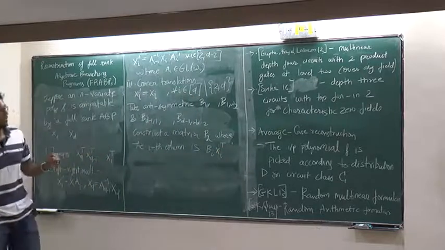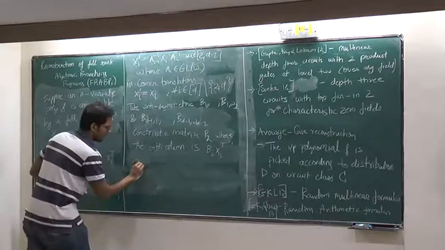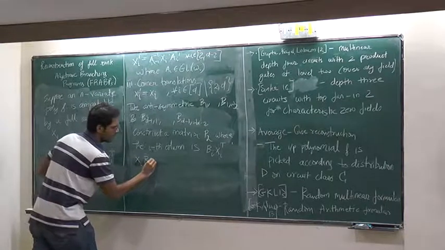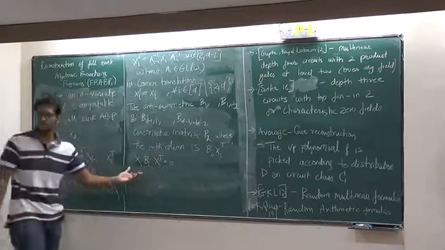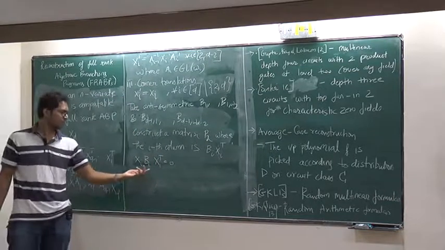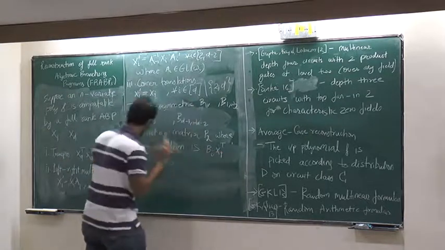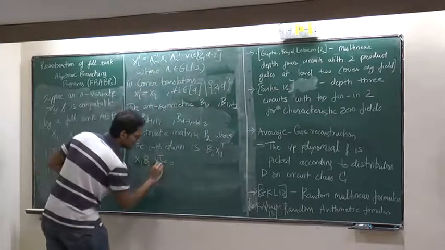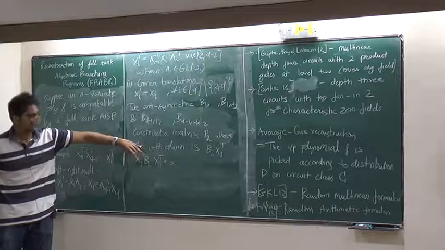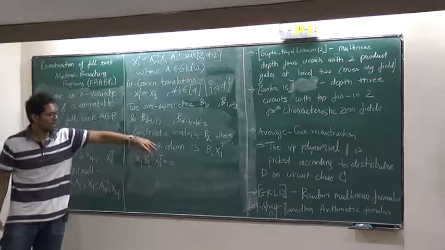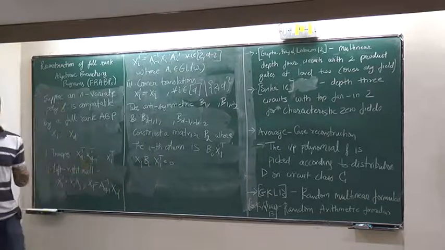It's easy to see that xi times Bi times xi transpose is 0 because the Bi's are antisymmetric matrices. You look at the first matrix x1, and x1 Bi x1 transpose is 0 because Bi is an antisymmetric matrix.